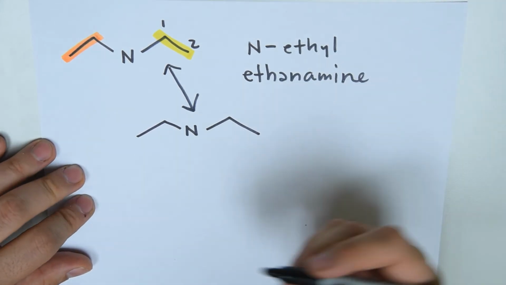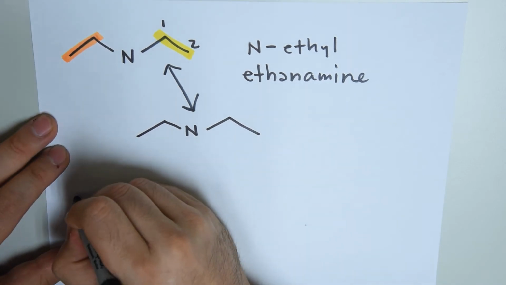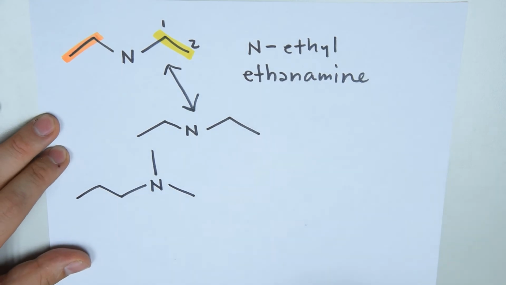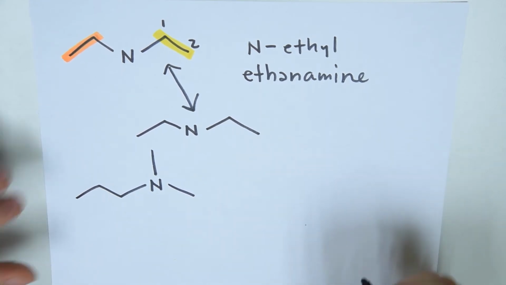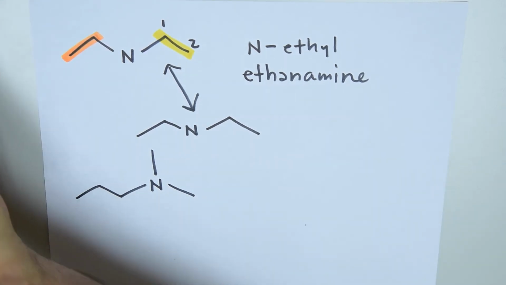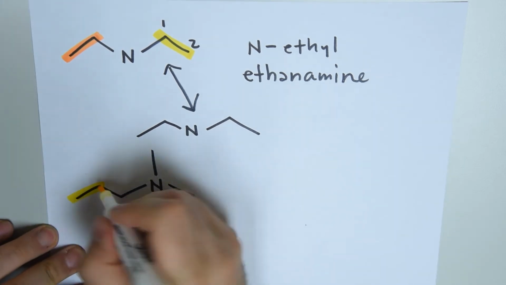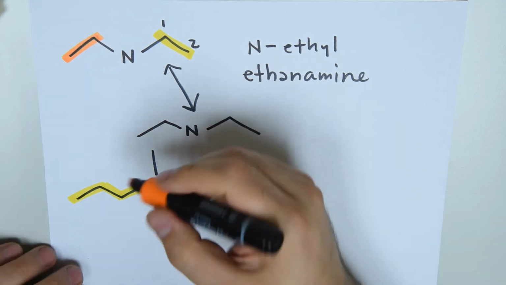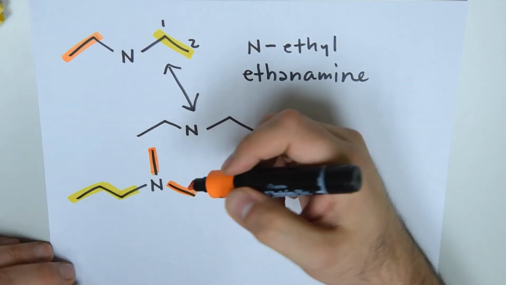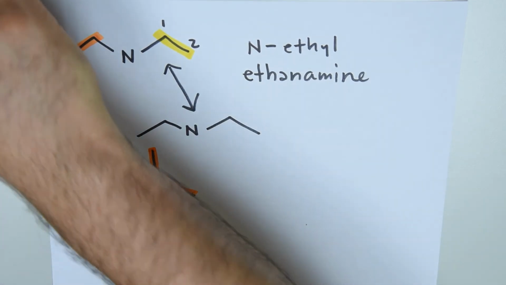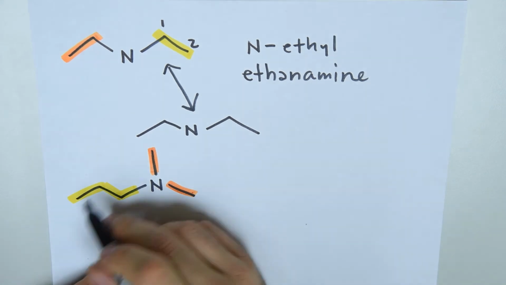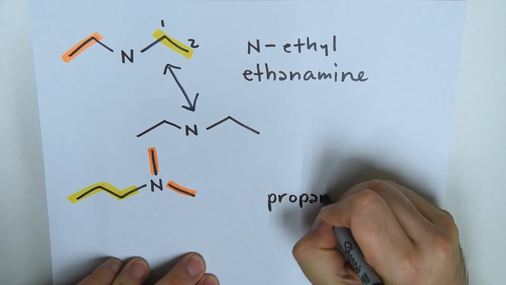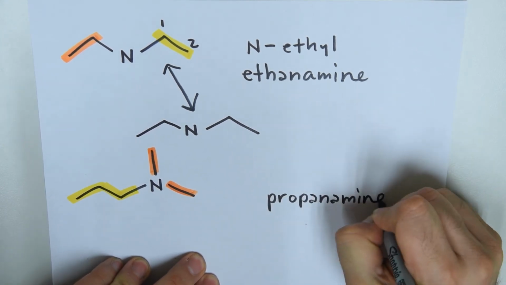Let's try another more complicated example. This is a tertiary amine, and again we have to choose our longest chain. My longest chain is obviously this side chain that's right here, and then we have these attachments on the sides. So first let's name the last part of the chain. It's propanamine.